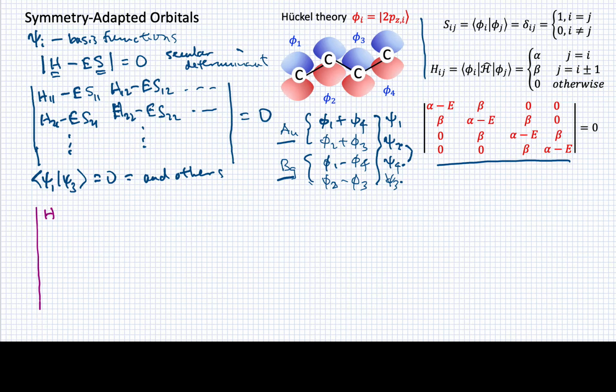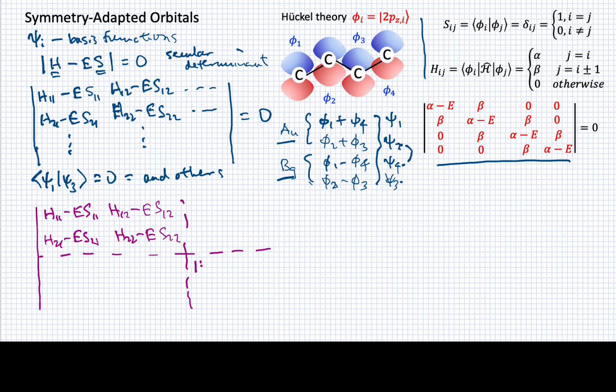So, for example, I'll have these elements that will still be non-zero, potentially, up here, but they will be in effect separated from the other half of the secular determinant, where I'll have these elements.